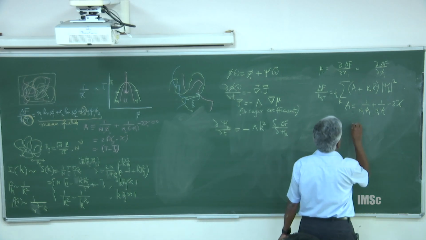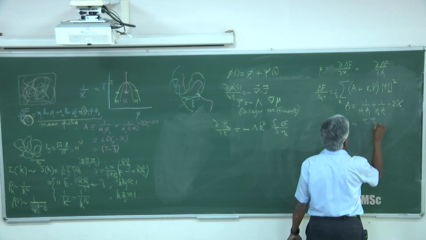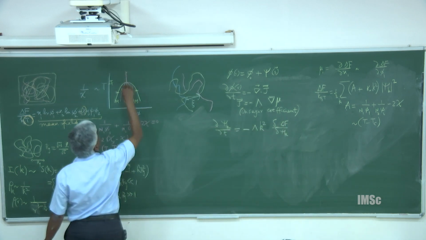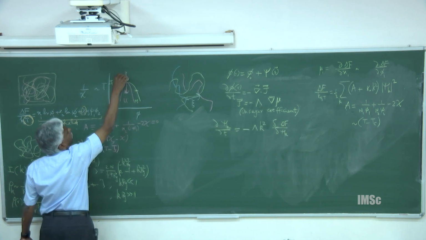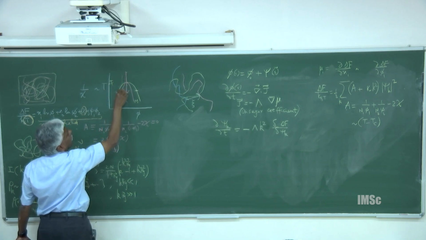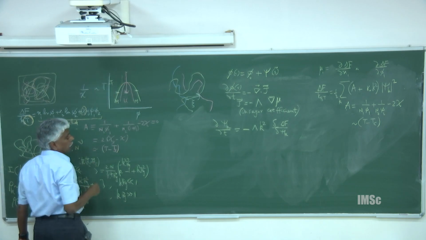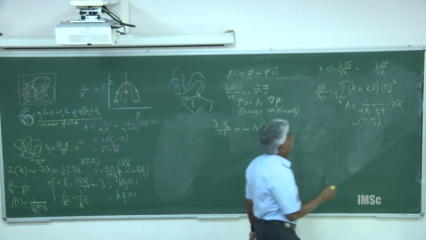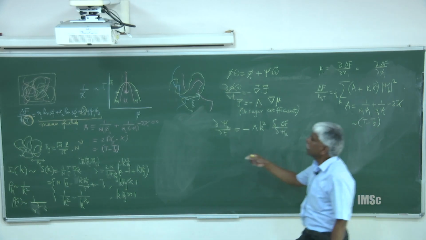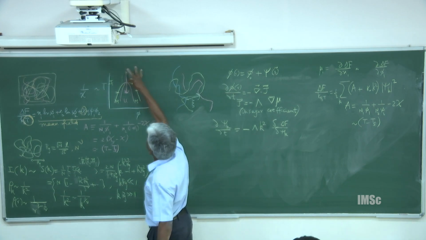A goes like T minus Tc. I'm coming up from here, or if I come this way, suppose I come off quench, I come here. That instead of Tc, I will say T spinodal, Ts, T minus Ts. So I could generally use T minus Ts if you want, because at the critical point, Ts is the same as Tc.